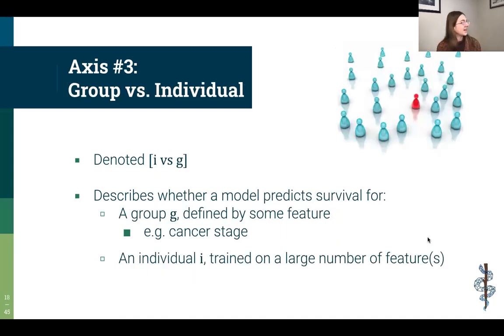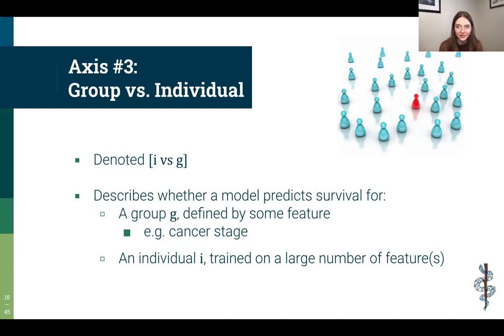And then finally, axis 3, we have group versus individual, denoted I versus G. I think this one's probably the most intuitive, but again, distinctions can get a little messy. This will describe whether a model makes predictions about survival for a group as defined by some feature. So maybe it makes predictions about the survival of all people with, like, stage 2 liver cancer or something like that.